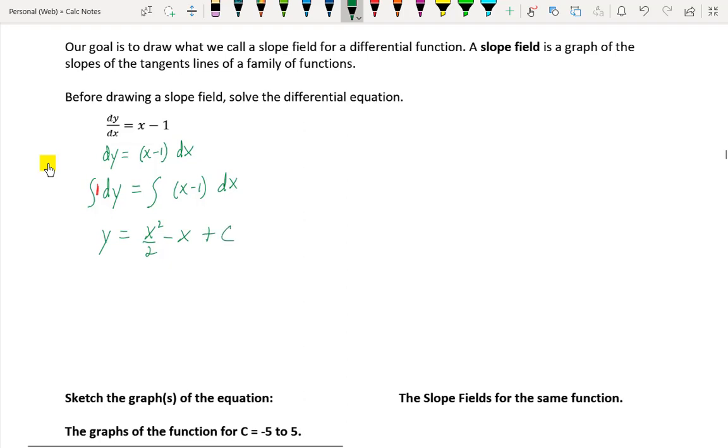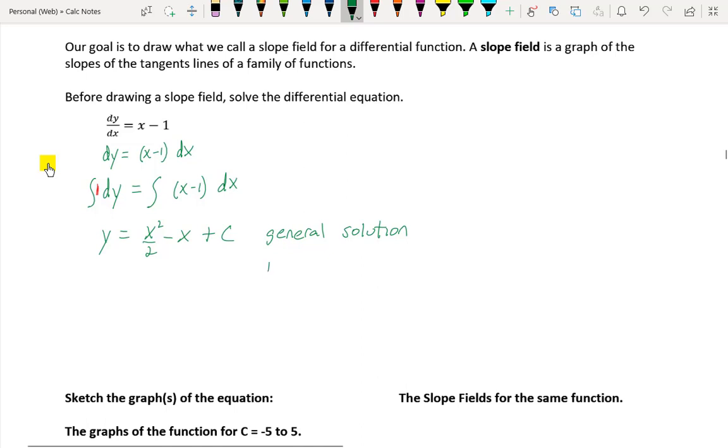Okay? So this is called a general solution. And this general solution, if we had an initial value with it, we could use that initial value to find a particular c value.